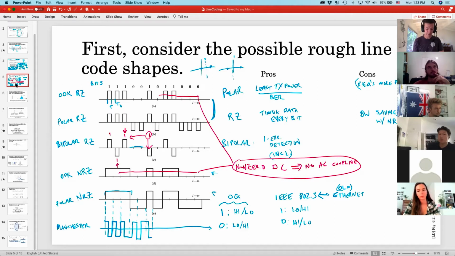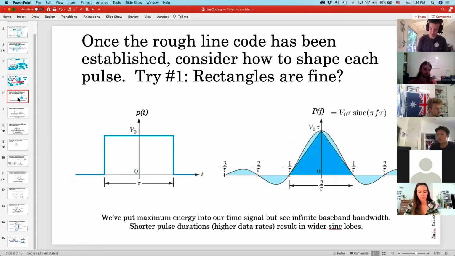They are, I hope, in your minds as easy things to draw that help us illustrate these kind of timing benefits and polarity benefits. But sending actual rectangles in the time domain is not likely going to be optimal. And that's what today's lecture is going to talk about: can we do better than rectangles?